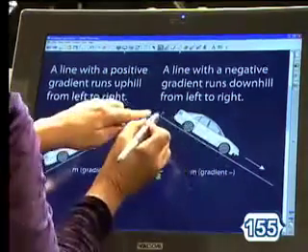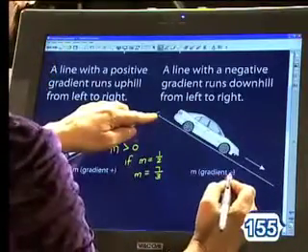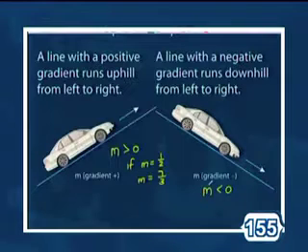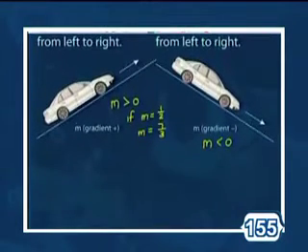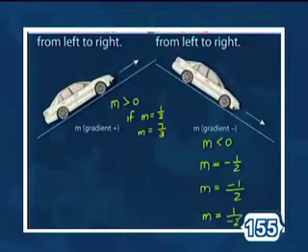But by comparison, if your slope is going downhill, in other words, your gradient is negative, our gradient being any negative number, and of course, negative can present itself in 3 different ways. It could be written negative a half, or it could be written as negative 1 over 2, or it could be written as 1 over negative 2.